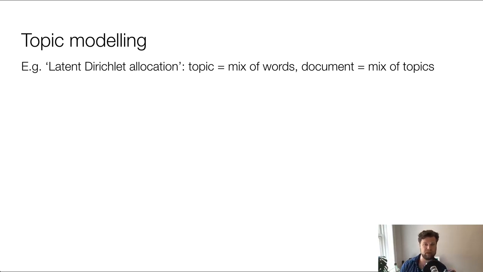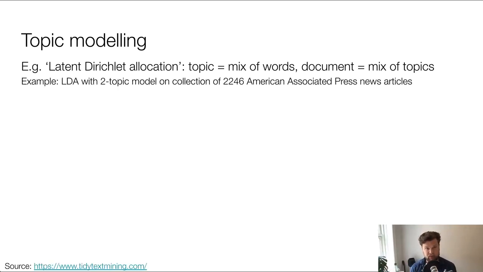So this algorithm can try to uncover a specific number of topics within some text corpus you have, and it can also say something about the likelihood that different documents have of including that topic. Let me show you an example.